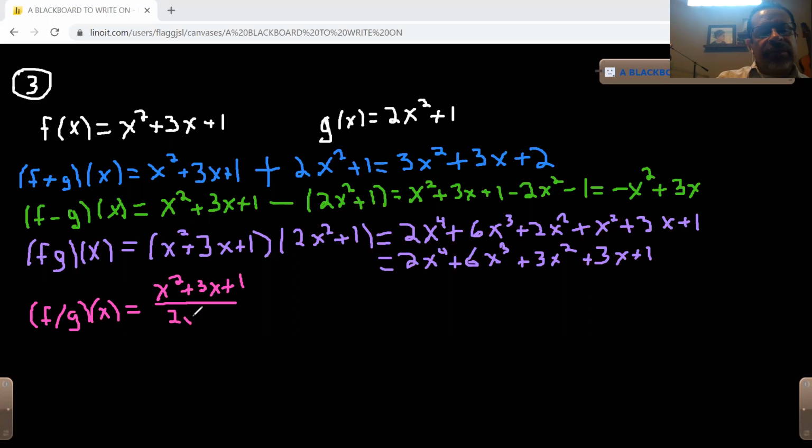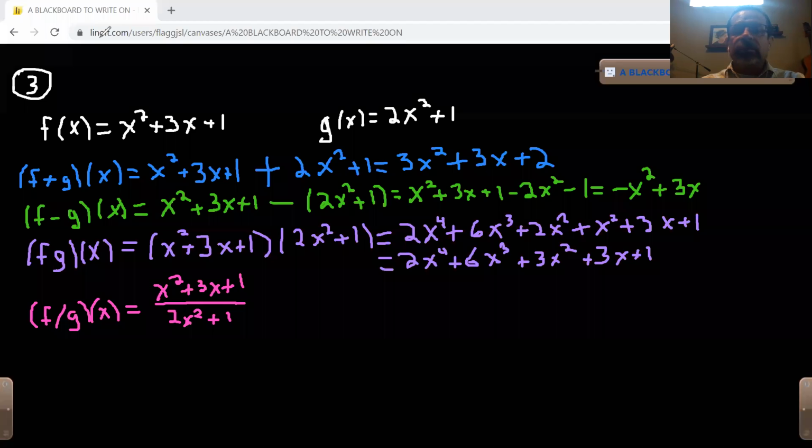Now here, if there's any direct simplification, we can do it, or we can just leave the expression as it is, as a quotient, okay? So these four would be the four basic operations: adding, subtracting, product, and quotient or division.